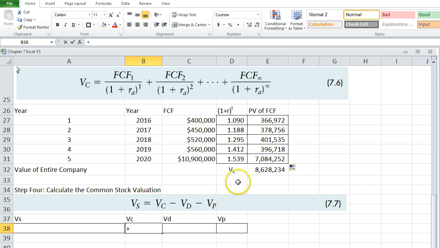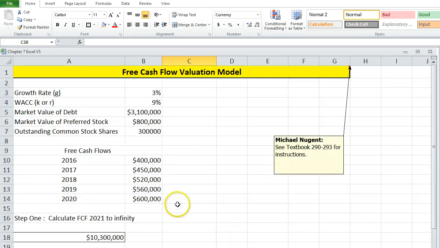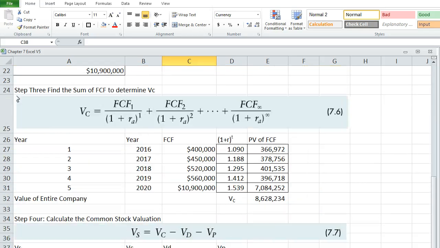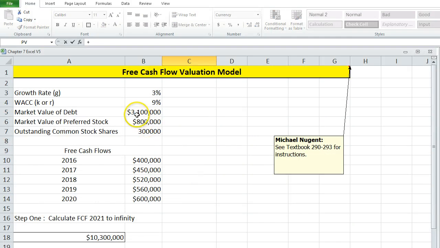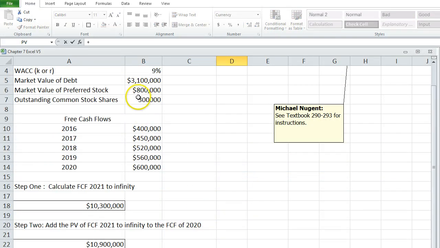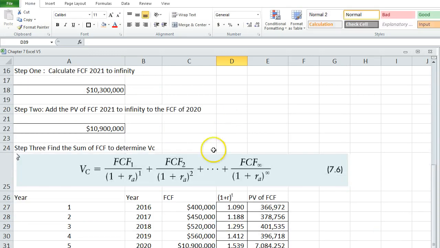So we're going to bring in our V sub C. Then we need our V sub D and V sub P. If we go back up here, D stands for debt, so V sub D is going to be our debt, and V sub P is going to be the value of our preferred stock. So just bring that there.